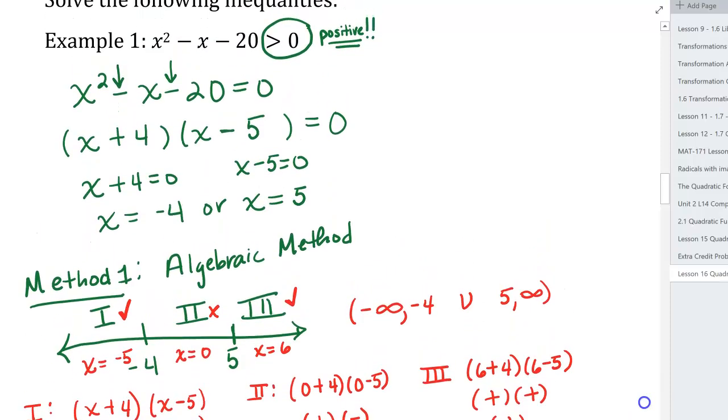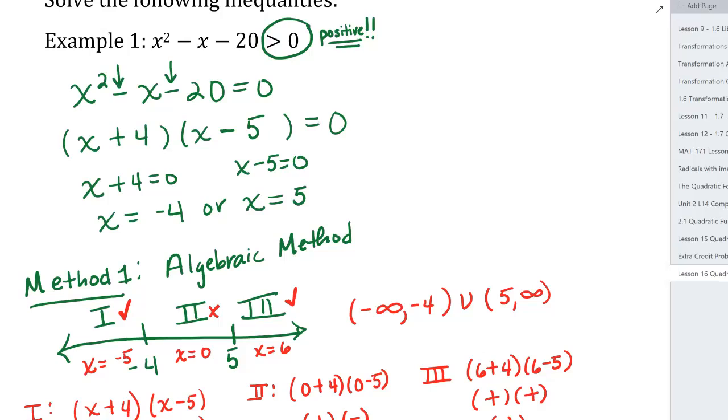Now I also have to ask myself, should I put parentheses here or brackets here? Since there's no equals to on the inequality, I'm not looking for the numbers that make it equal to 0, just the numbers that are greater than 0. And -4 and 5 are the numbers that made it equal to 0. So to not include those, I put parentheses there instead of brackets.